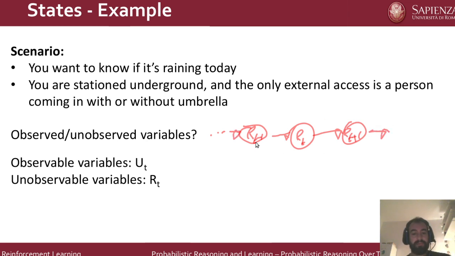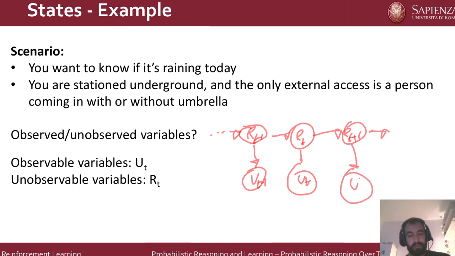And these real states generate some observations. So this is why you see u_{t-1}, you have u_t and u_{t+1}. Sorry for the bad drawing, but I hope it's clear enough.